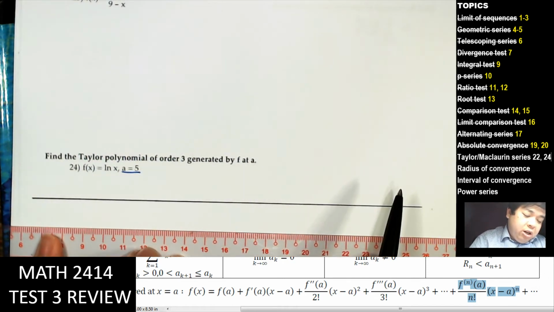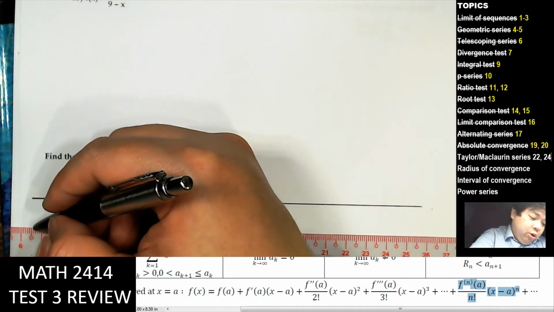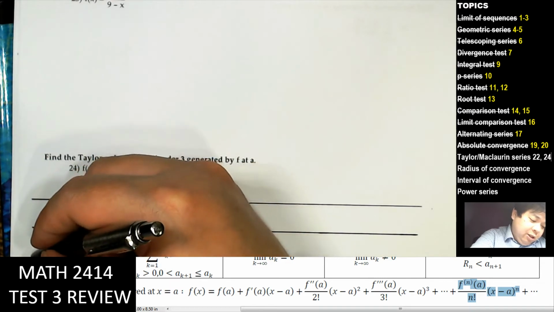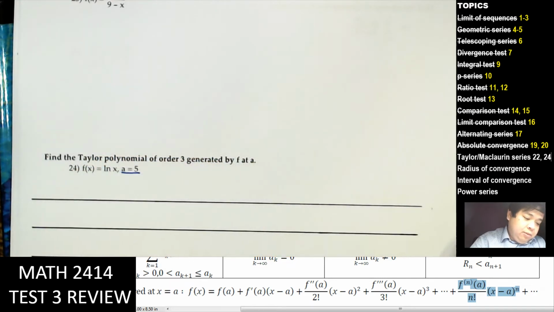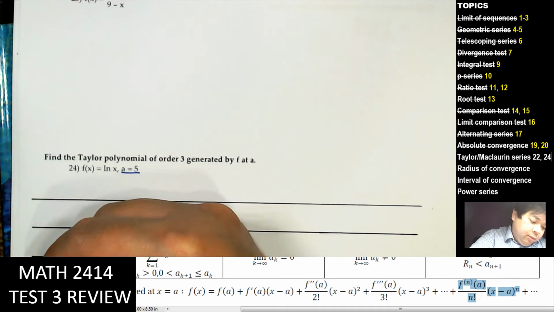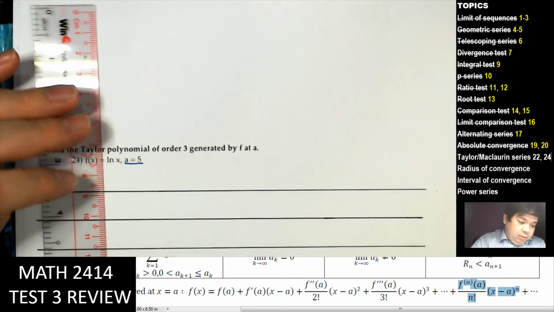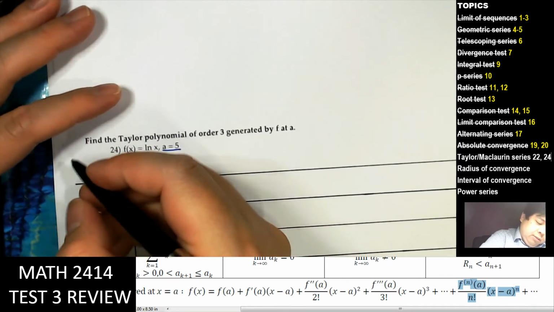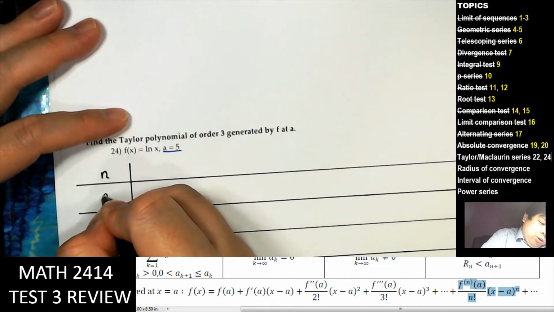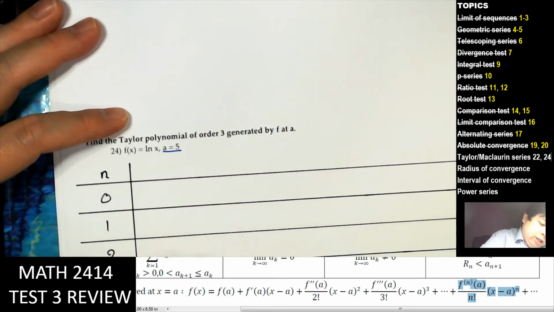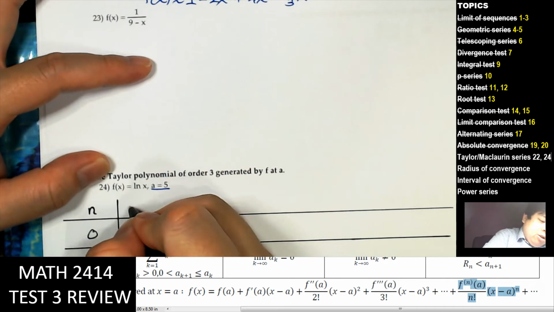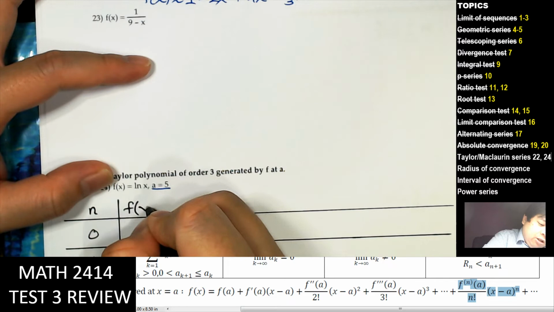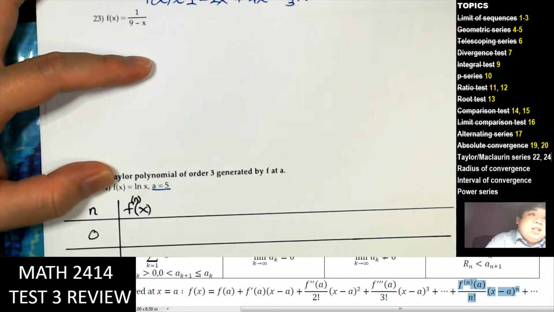We also need 3 terms, up to order 3, meaning we're going to need up to n equal to 3. So n equal to 0, 1, 2, and 3. First we have the function, take the n-th derivative.